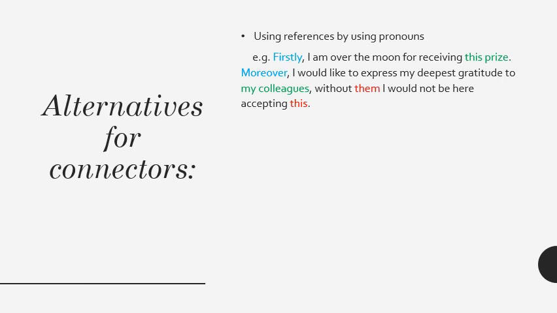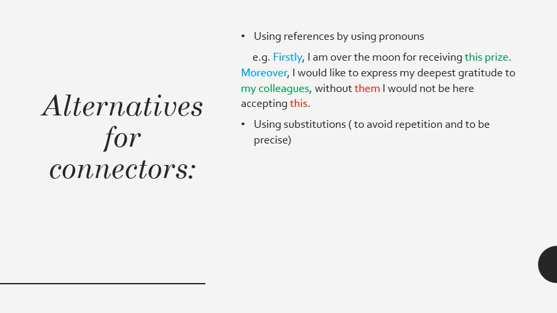What's this, of course? From the sequence or from the context in that simple or many paragraphs, you can understand that the word this refers back to this prize, of course. So you can use cohesive ties and you can use references.